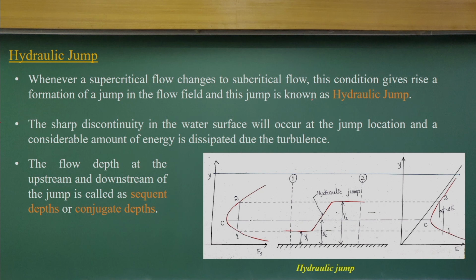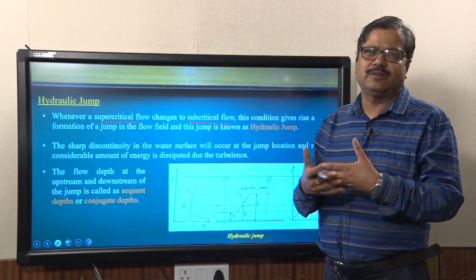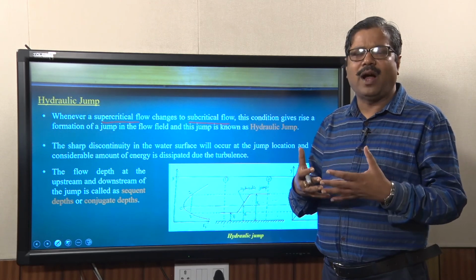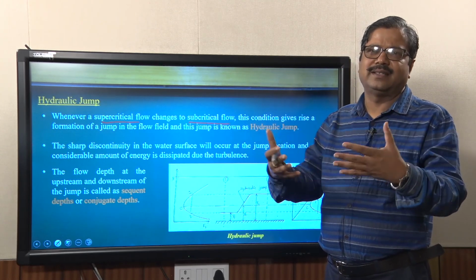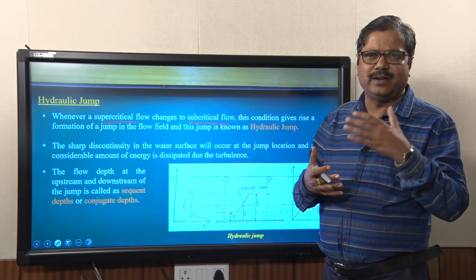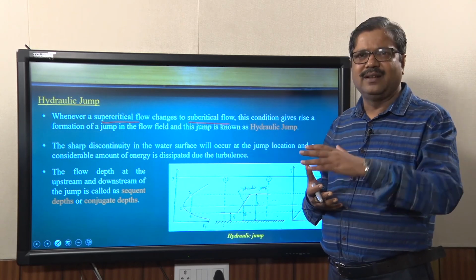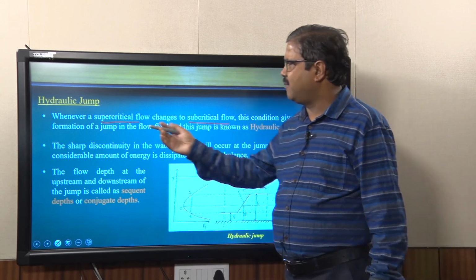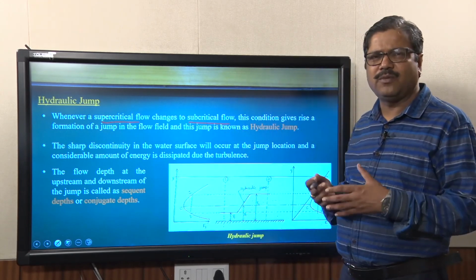Let us come back to the hydraulic jump, which we already discussed in terms of specific energy. A hydraulic jump happens when a supercritical flow changes to subcritical flow. In terms of Froude number, in supercritical flow the inertia forces are larger than the gravity force. When that change happens, the mechanism goes from supercritical to subcritical.